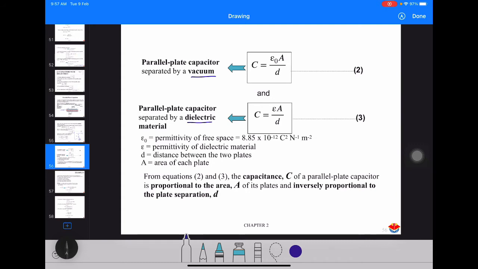Sometimes you will see that for air, they use the first one. Actually, air and vacuum have different dielectric constants. This is what we call the dielectric constant. I'm going to write it down here instead.